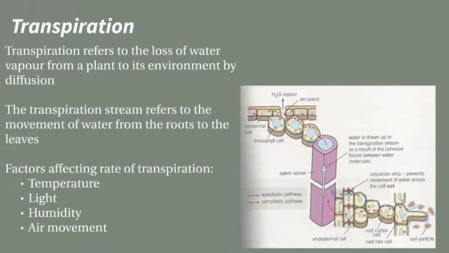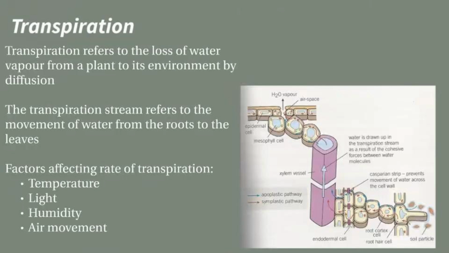Once it enters the xylem vessel, water is drawn up in the transpiration stream due to the cohesive and adhesive properties of water. It's pulled up into the leaf, where water moves into the mesophyll cells. It then evaporates into the airspace in the leaf, and then the water vapour moves via diffusion out of the stomata into the surrounding air.